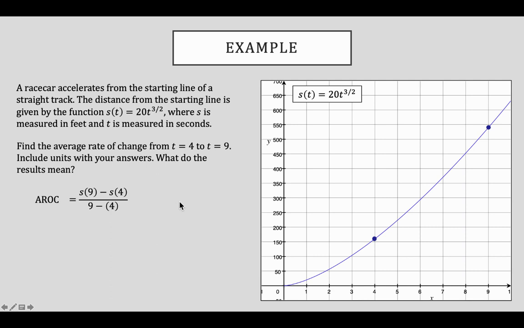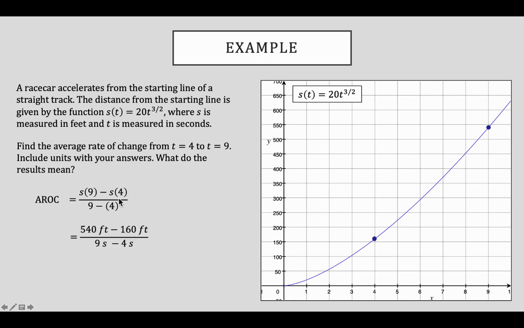Well, when we plug in 9 into our function, evaluate s of 9, we get 540 feet. Remember, s is being measured in feet. When I plug in 4 into my function, we get out 160 feet.